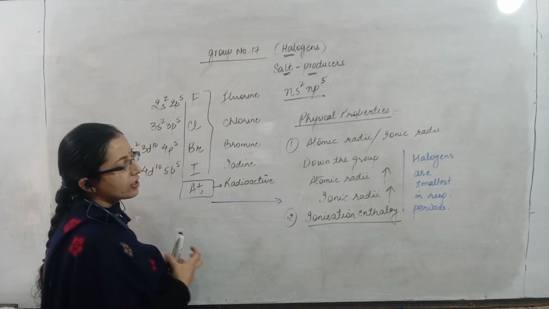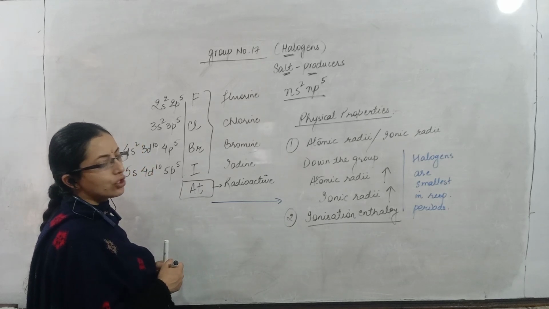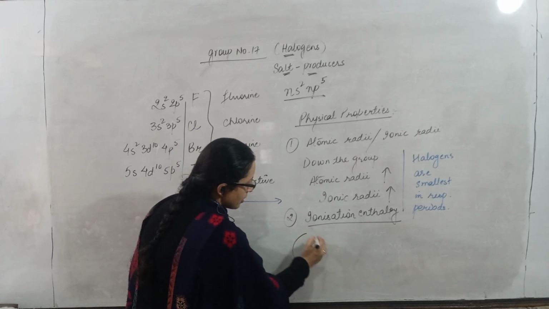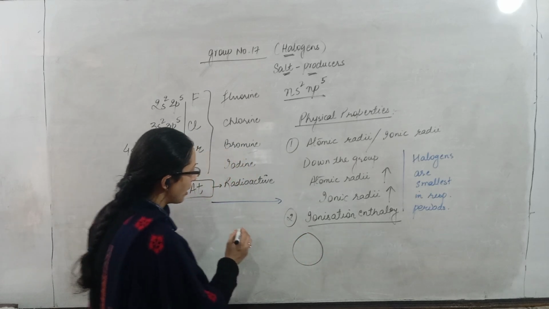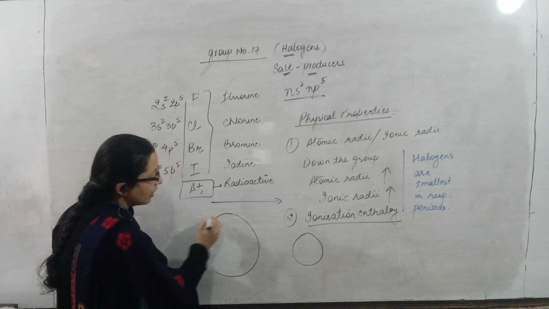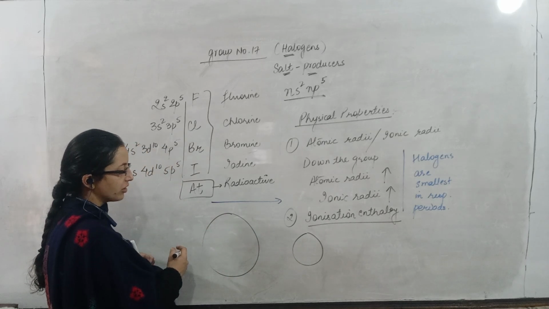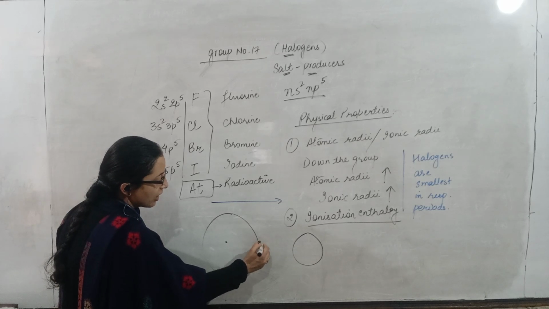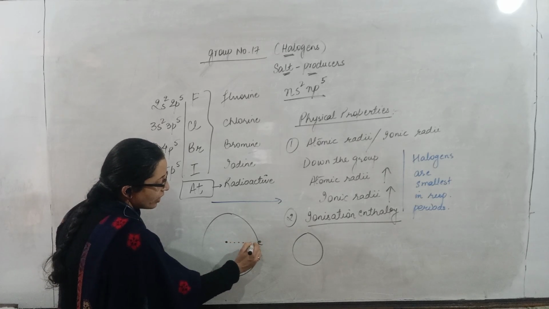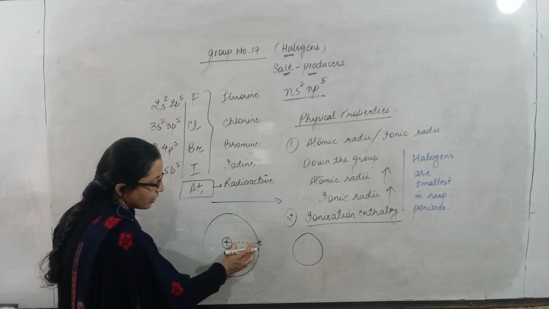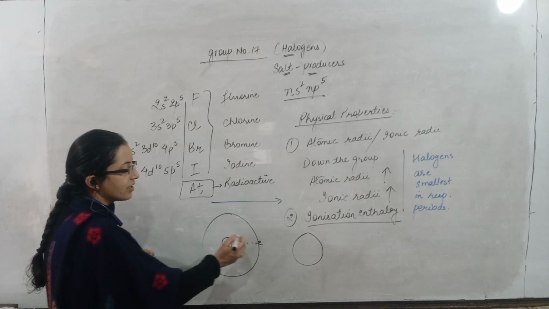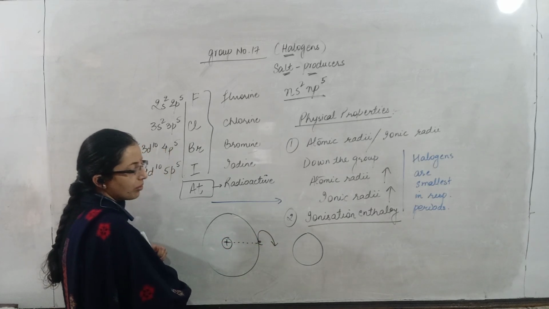Now because they are small in size, their ionization enthalpy is expected to be very high. If you compare them with the other metals which have larger radii, what will happen? The distance between nucleus and electron will be more. If the distance is more, the force of attraction is poor and it is easier to remove an electron.